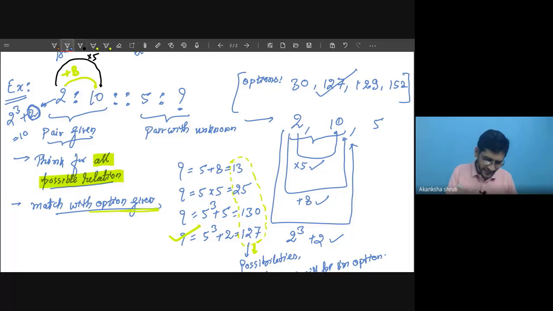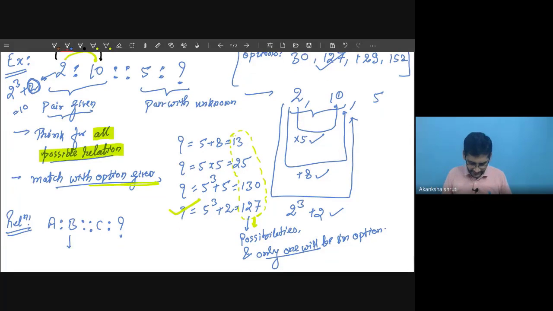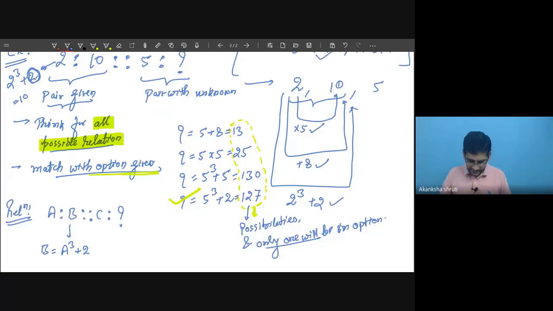So the simple relation, A is to B double colon C is to D, this D was to be calculated. So student, here we are observing that this B is obtained by taking the A cube, then adding 2 in that. Based on this, D was calculated by taking the C cube plus 2.